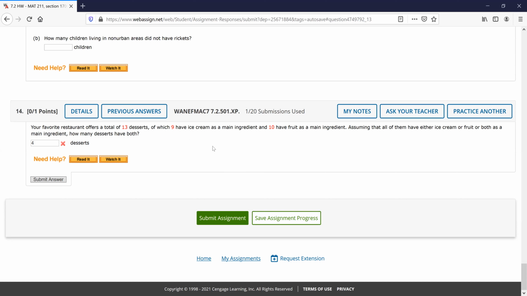The total is 13, but you have to take 9, 10, and then minus a number that's overlapping them equals 13. So it's like 9 plus 10 minus x equals 13. 19 minus x equals 13, which is 6.